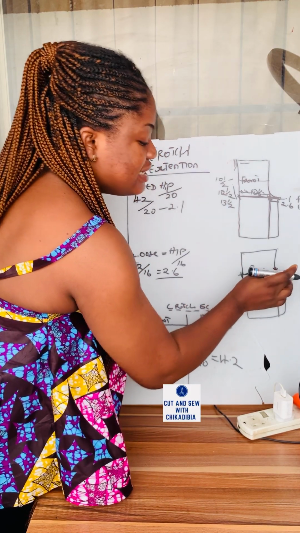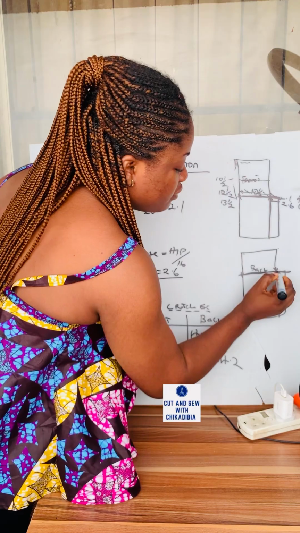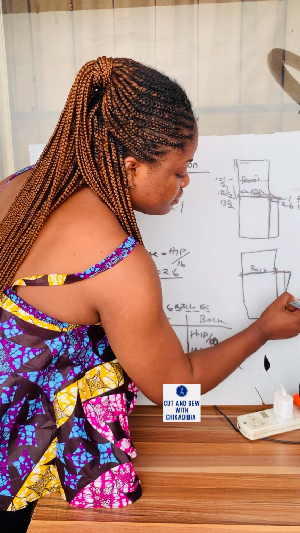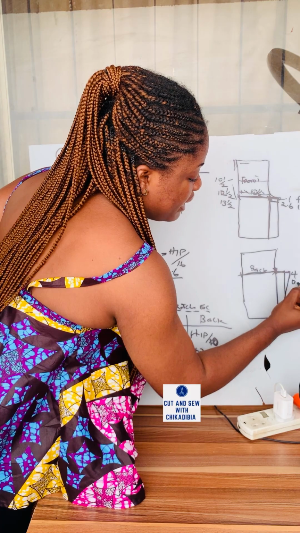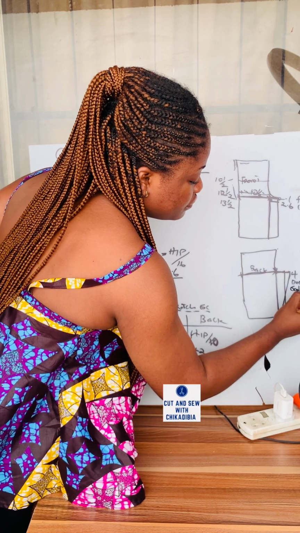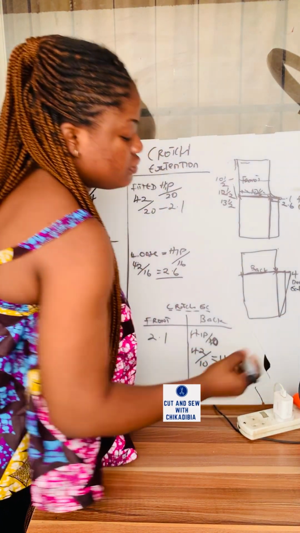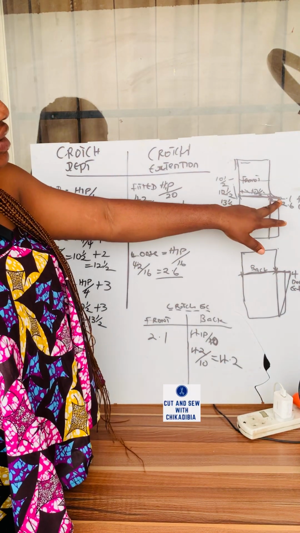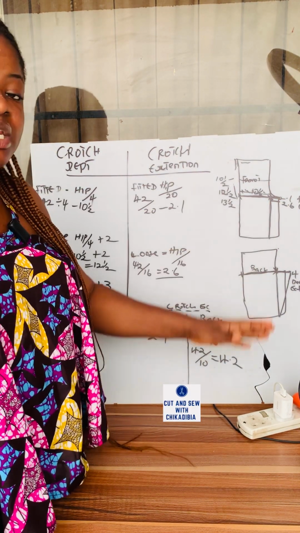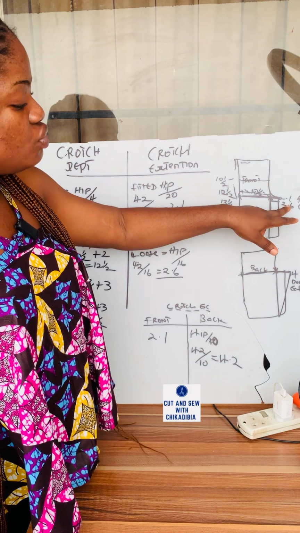Then you're going to extend for the back from here to here, 4.2 as your back extension. This is your back extension, 4.2, and this is your front extension, 2.1. Then if you're making a loose pant, you're going to make it 2.6.